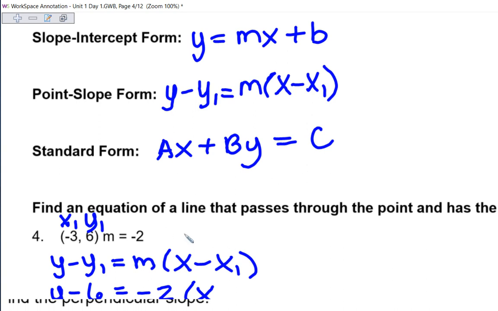If I put a -3 right here, it becomes +3. Now, what did the instructions say? It says find an equation. Technically, is that an equation? Yes, it has an equal sign. So technically that's right, but most of the time we get it in slope-intercept form.